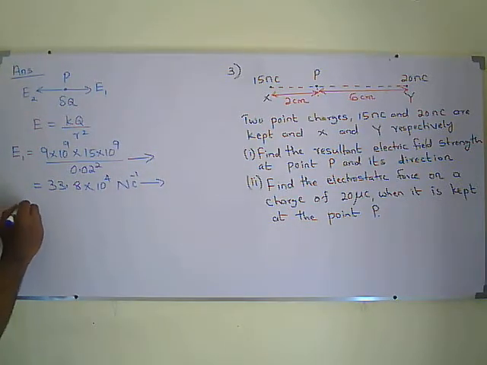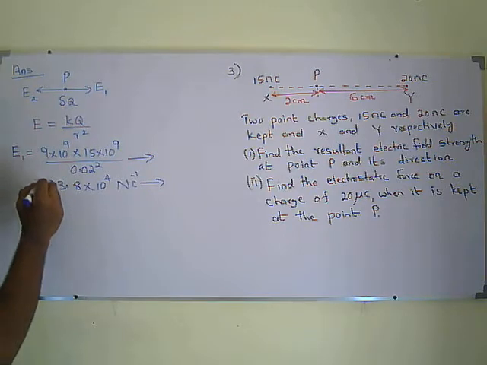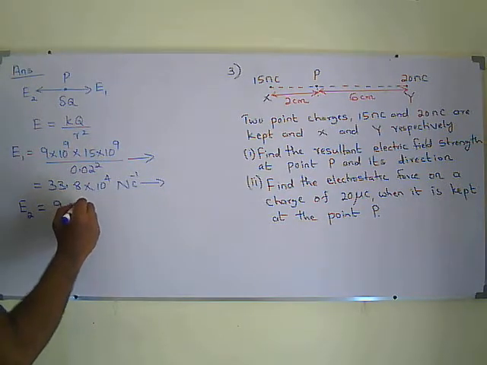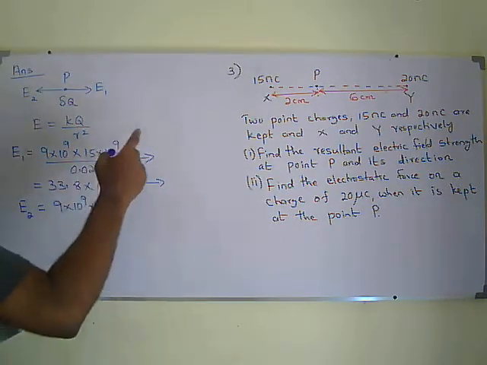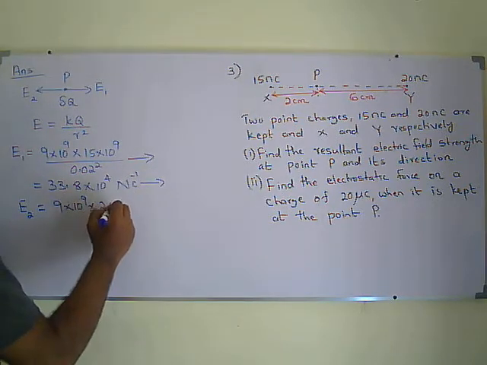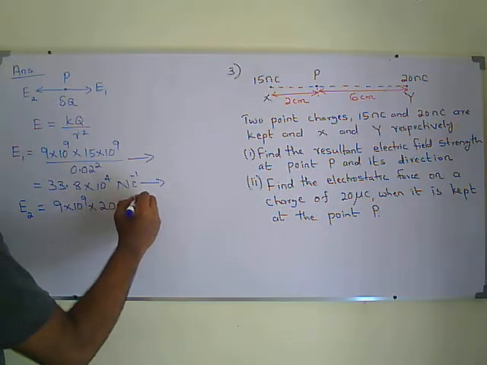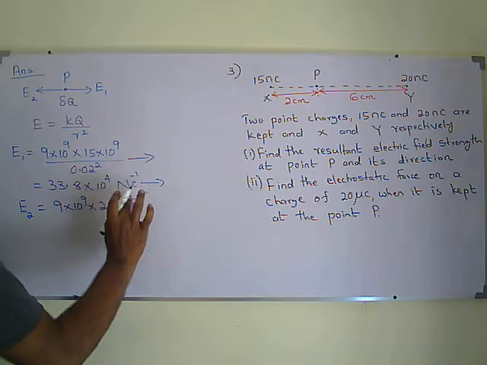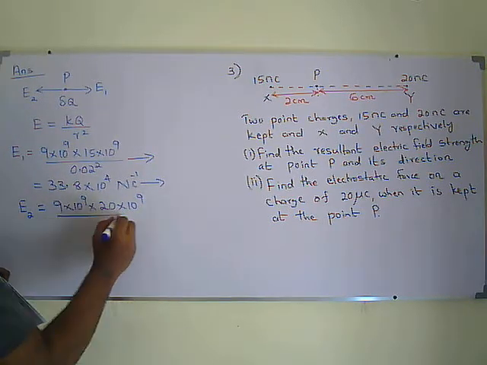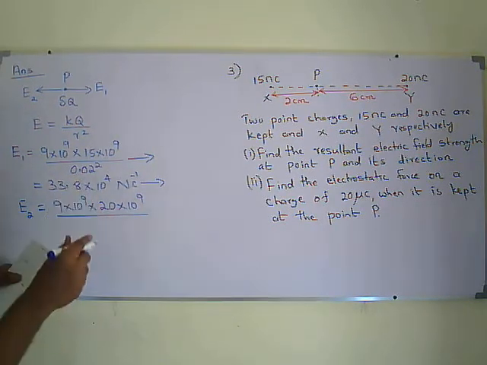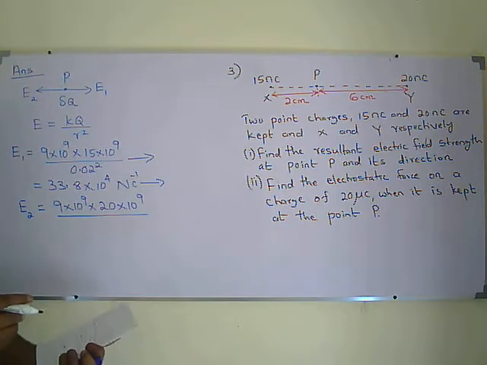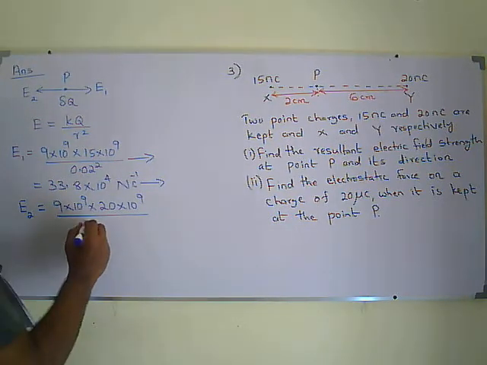Same way, E2 is equal to k, 9 × 10^9. The charge is 20 nanocoulomb, so 20 × 10^-9, divided by r squared, 6 centimeter, that is going to be 0.06 squared.